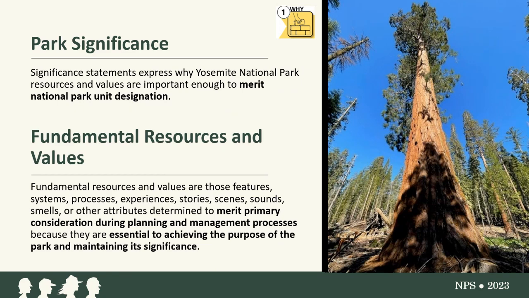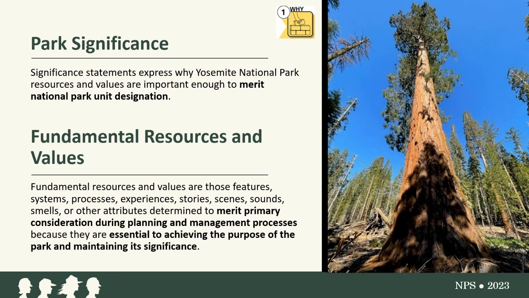They focus on the most important resources and values that must be addressed in park planning and management. Yosemite has 15 significant statements, acknowledging the importance of the park's outstanding scenery, contiguous wilderness, ancestral homelands for several tribes and groups, alpine lakes and meadows, wild and scenic rivers, and many other unique and valuable attributes.